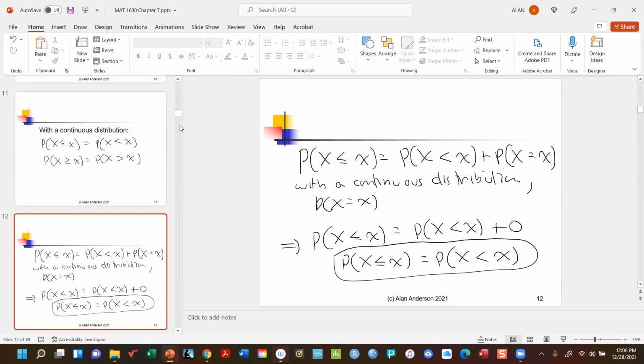And that's the reason. So they mean the same thing when we're dealing with a continuous distribution only. With a discrete distribution, it makes a big difference which one you're talking about. But here, it does not.